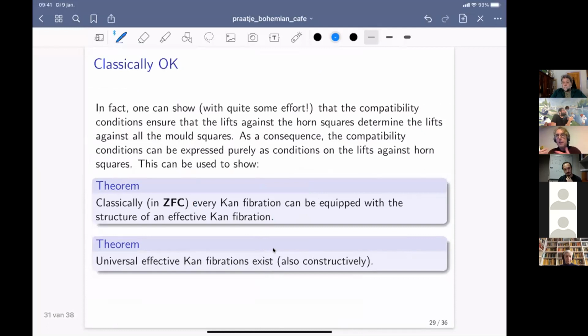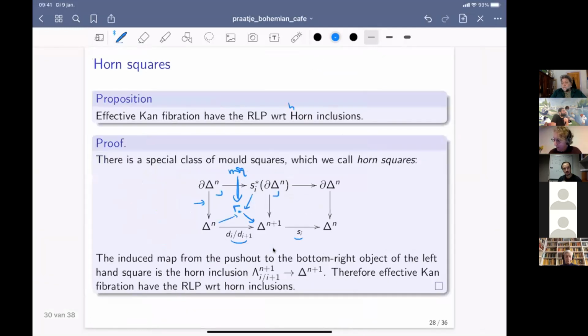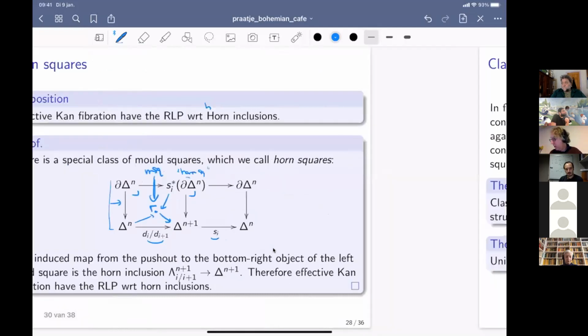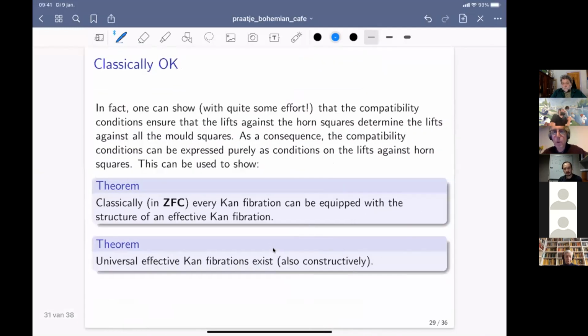Yes, and in fact, one thing we show in the paper is that for the mold squares which look like this pattern over here, we call these horn squares. And one thing you can actually show is that the lifts against the horn squares determine all the other lifts against all the other mold squares.